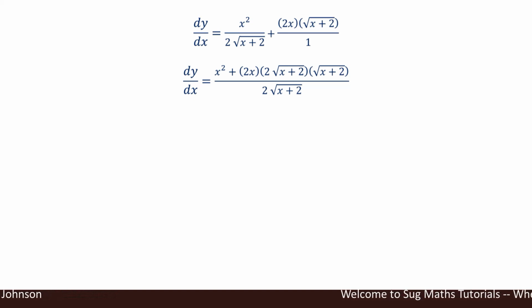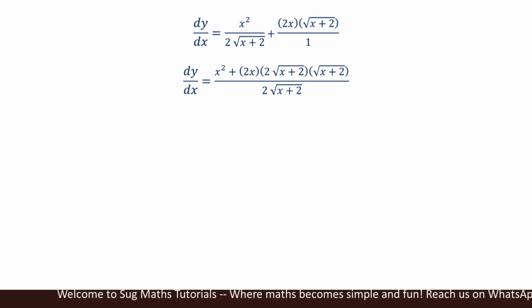Now look at this. In this numerator, where we have x squared plus 2x open bracket 2 square root of x plus 2 times square root of x plus 2, right? Good. Now look at this. 2x multiplied by 2 is going to give us 4x.